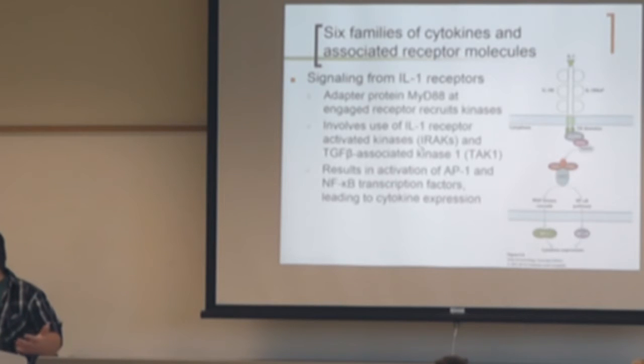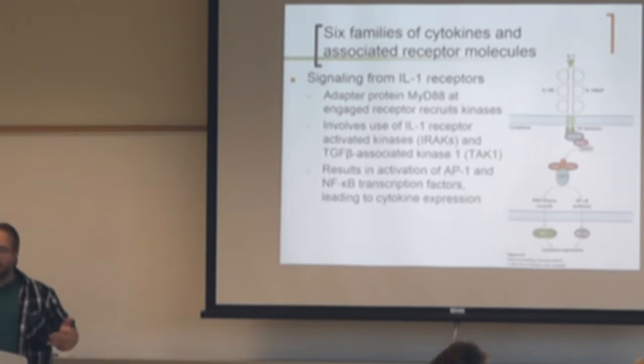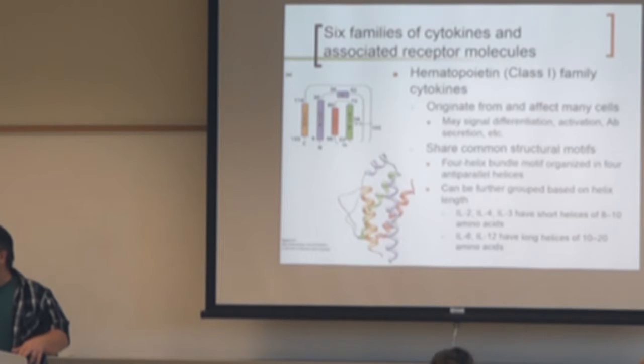I don't expect you to memorize this pathway per se. One pathway that's important to memorize, I'll point it out, it's coming up, and it's a pretty easy one to remember is the JAK-STAT pathway, and we'll talk about that in a second.